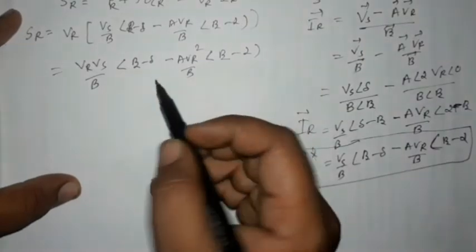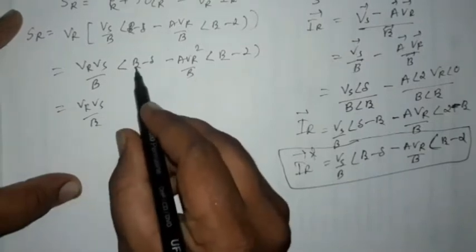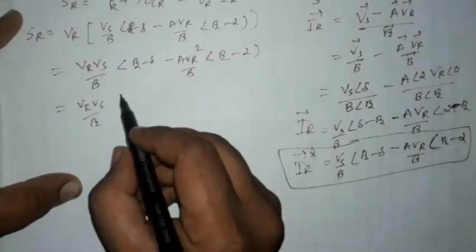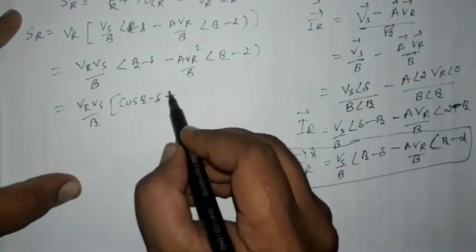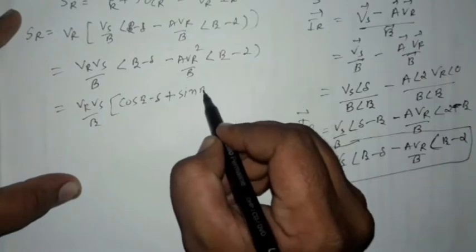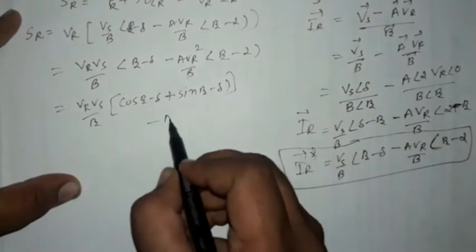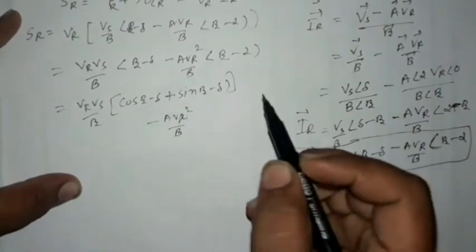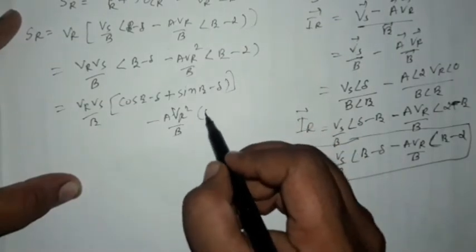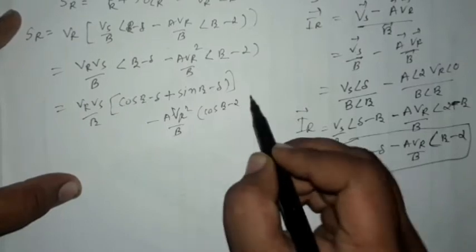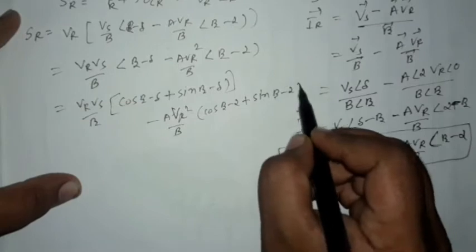Now this angle we convert into complex form, so VR into Vs by B, angle beta minus delta converts into cos beta minus delta plus j sin beta minus delta. Now minus A VR square by B, angle beta minus alpha converted into cos beta minus alpha plus j sin beta minus alpha.